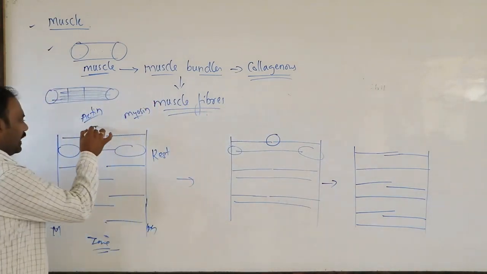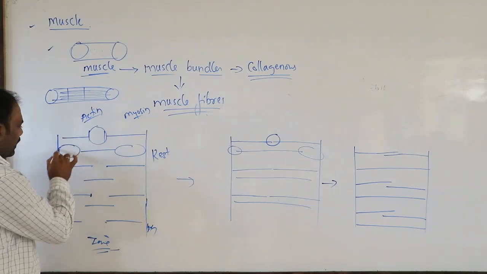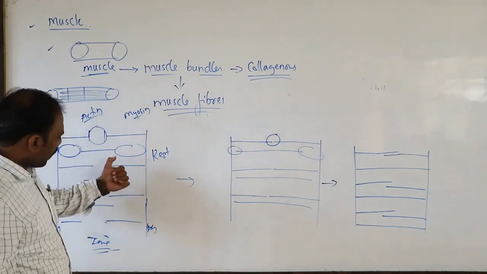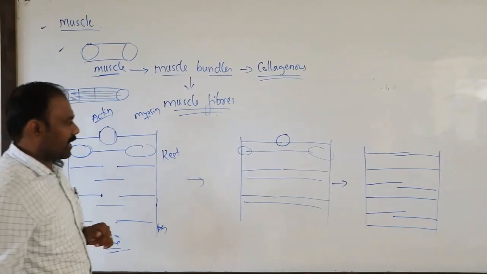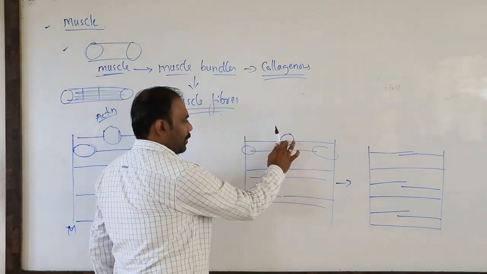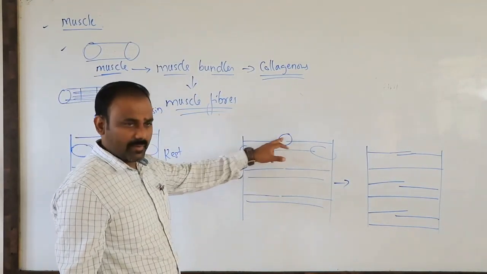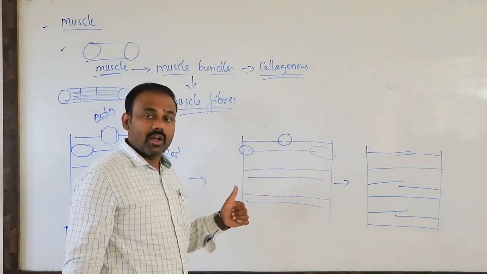Here there is a little bit of gap between two actin filaments, and here again there is a gap. But when it undergoes minimum contraction, there is no gap here. Yes or no? Very little or negligible gap is there. At the same time, here also the gap has been reduced because it is undergoing contraction.